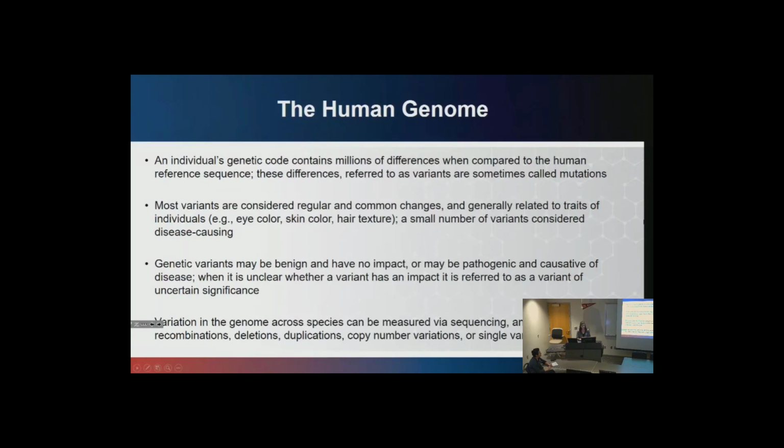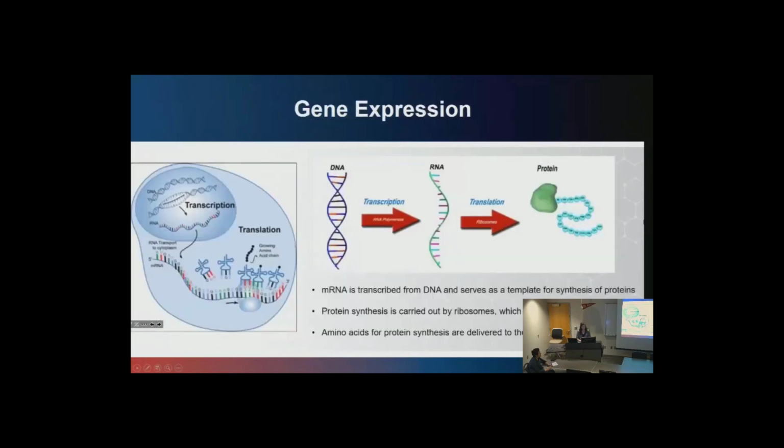Variation in the genome across species can be measured via sequencing and elucidates recombinations, deletions, duplications, copy number variations, or single variations.